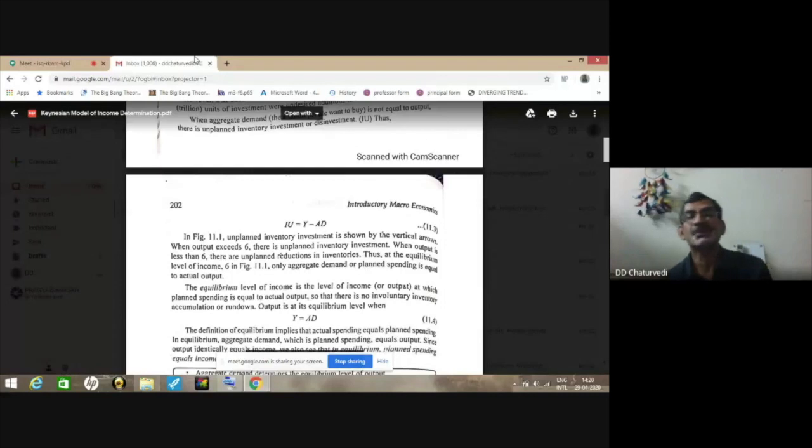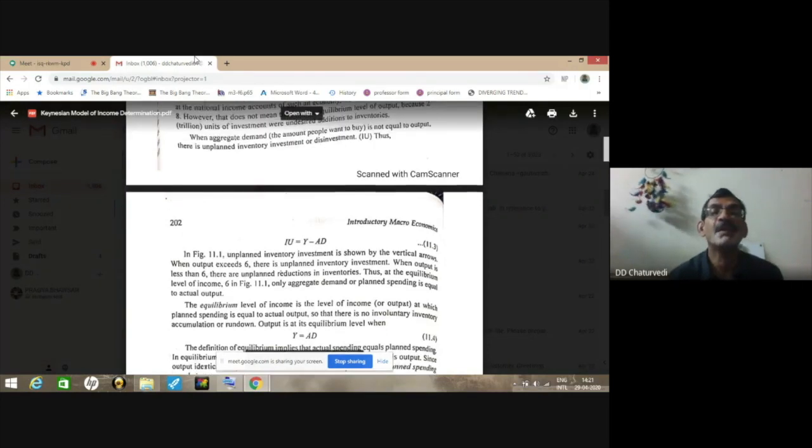Now we come back to page number 202, equation number 11.3, where we say unplanned inventories are given by the difference between Y and AD. And this difference between Y and AD is positive for any output level which is to the right of equilibrium point.